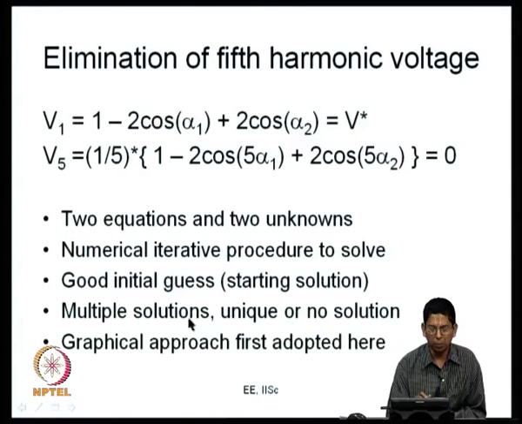So, sometimes there could be multiple solutions as indicated here, sometimes the solution could be unique, and sometimes there may not be any solution at all. So, what you generally do is you just try. If there is no solution after a long time, you give up, or you change your initial guess and try.